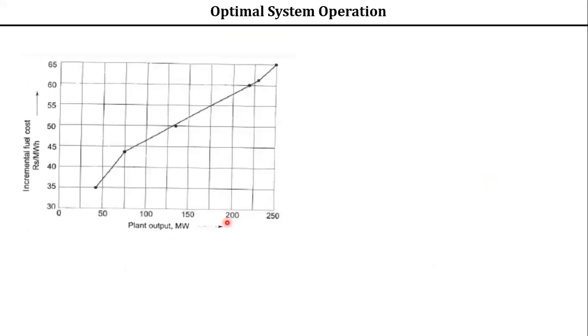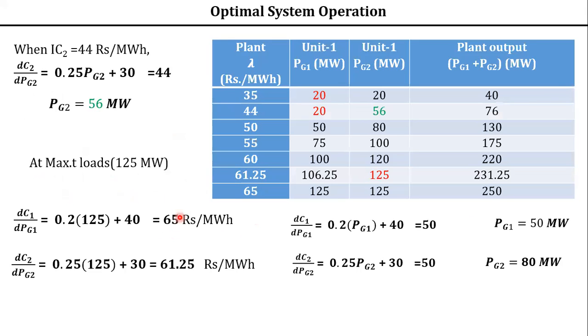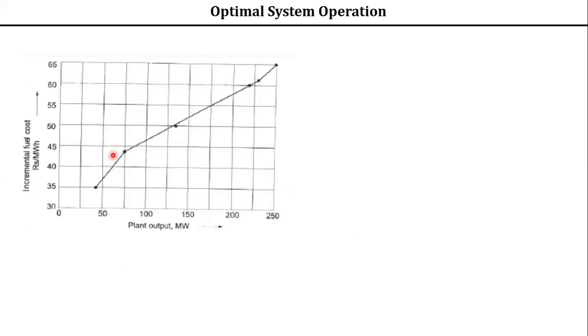This is the plant output for 50 megawatt, 100 megawatt, 150, etc. What is the incremental fuel cost? So this is the nature of the curve you are going to get. This is lambda versus plant output, with lambda from 35 to 65, and these are the corresponding values you have to plot.